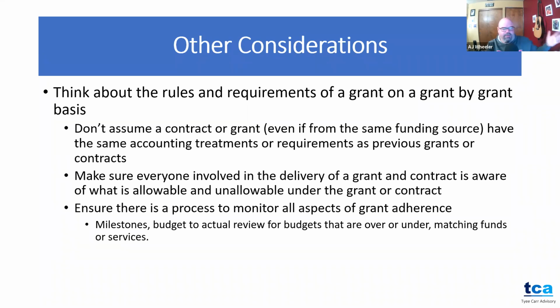If you have everybody along the way, including staff, directors, managers, the accounting department, executive, and the administrative side, aware of what's allowed and unallowed in a grant or contract, it makes it much easier on everybody. And then make sure there's a process and controls over that, having those budget to actual meetings and milestone meetings, making sure the grant is on track, and understanding if there are matching funds or services needed. Understanding all those requirements is really huge.